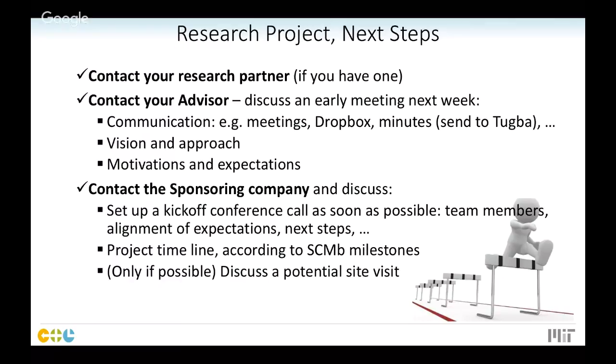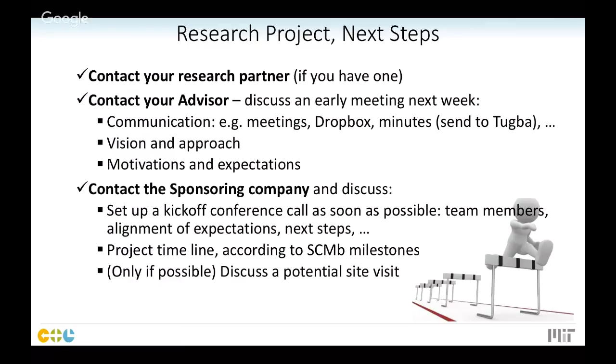The second step: once you have contacted your partner, you will contact your advisor. It is important that you align very well on the communication. As Josue already mentioned, this is extremely important since you are in different parts of the world.